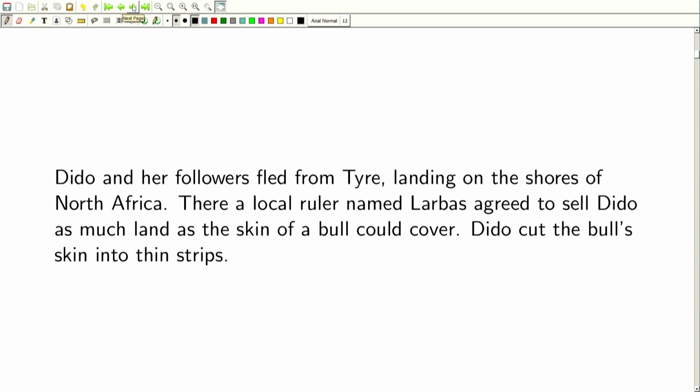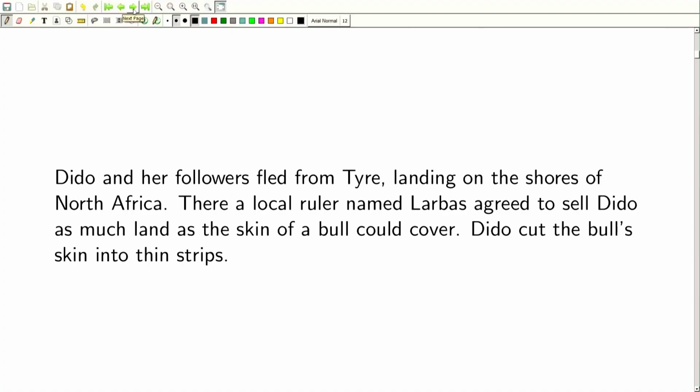There a local ruler named Larbus agreed to sell Dido as much land as the skin of a bull could cover. One would imagine that only a very small patch of land could be covered by a bull's skin. However, Dido was very intelligent.